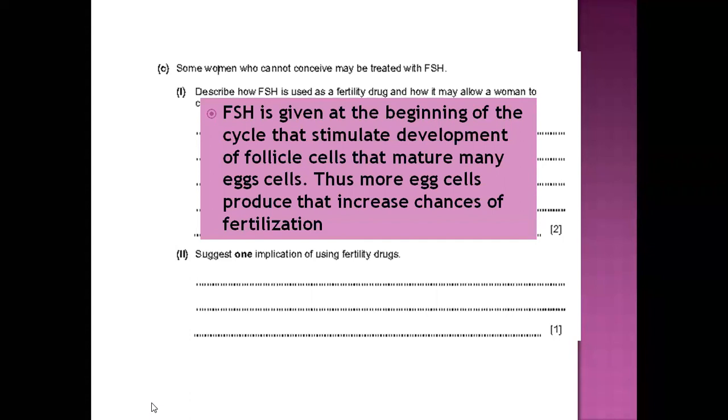If you want to take hands, you can. Yes, before ovulation.